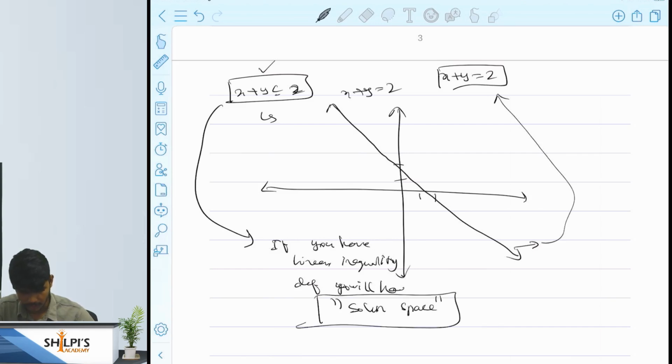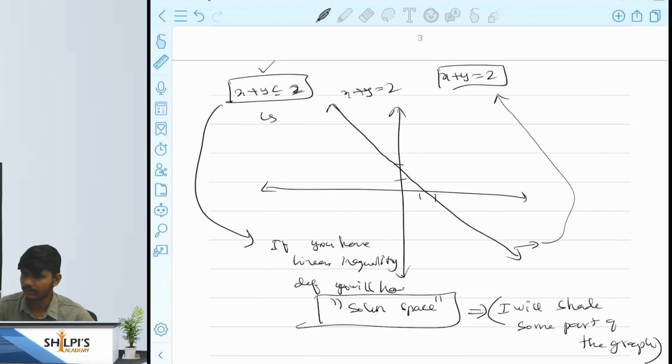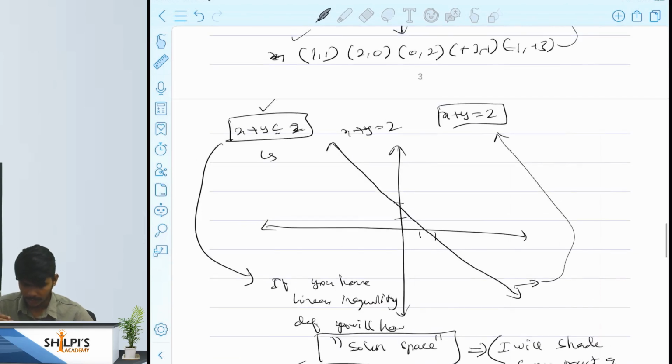Solution space na I will shade, color panna porom. I will shade some part of the graph, definitely, for the linear inequality graphs. So for that line I have two sides. It can be either this side or this side. Okay va?